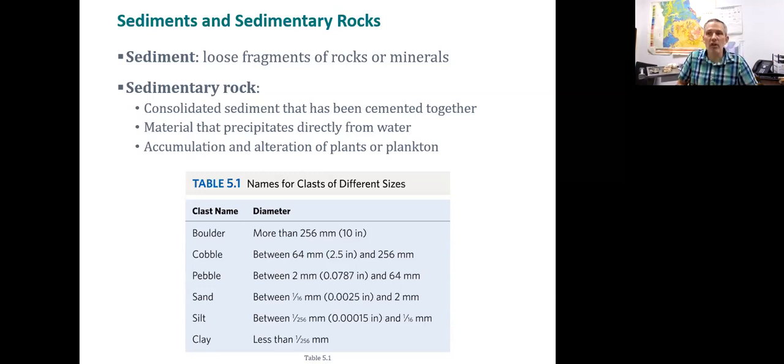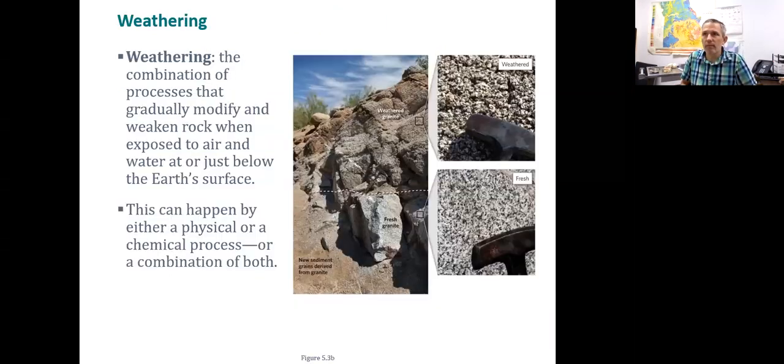Everybody on Earth is going to have a hard time seeing things that are smaller than 1/16 of a millimeter, so it's going to be really difficult to identify these individual grains without magnification, without a magnifying glass, or a microscope. If we start looking at things that are smaller than 1/256 of a millimeter, these things are called clays.